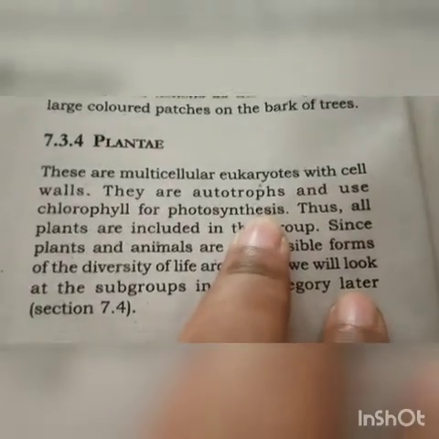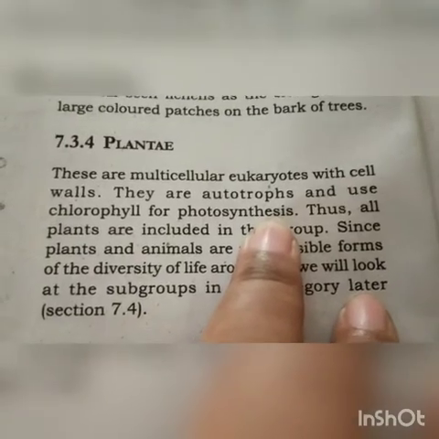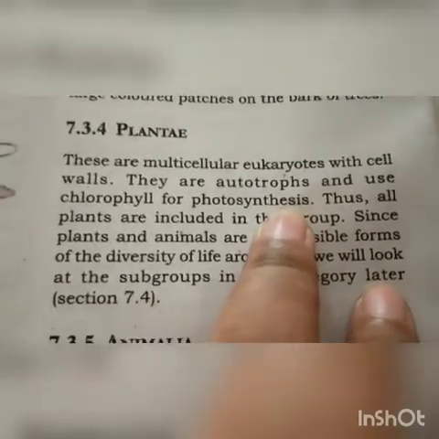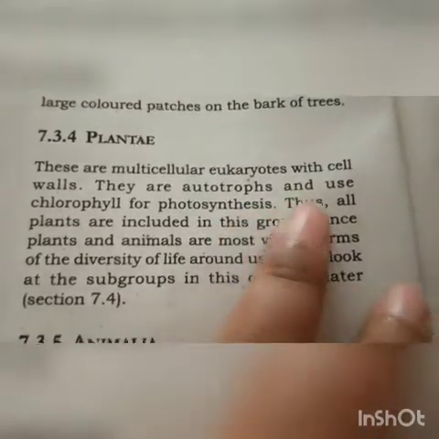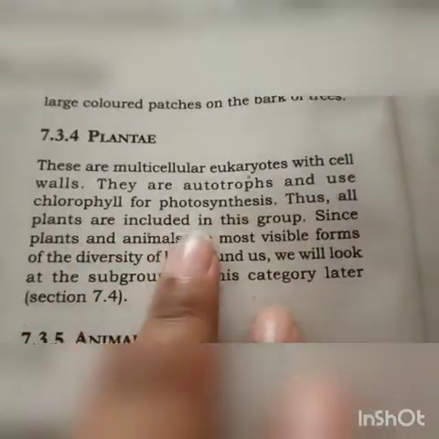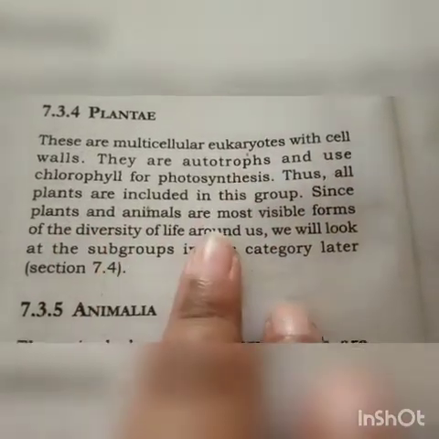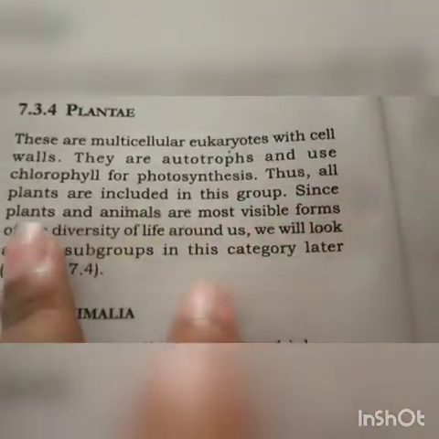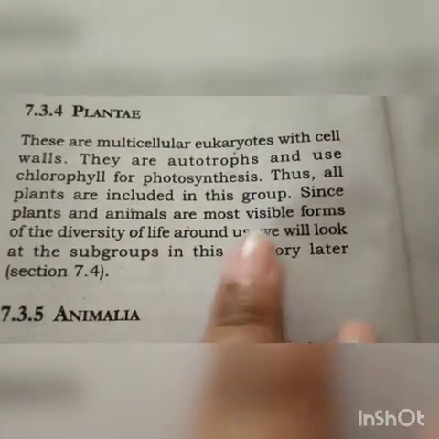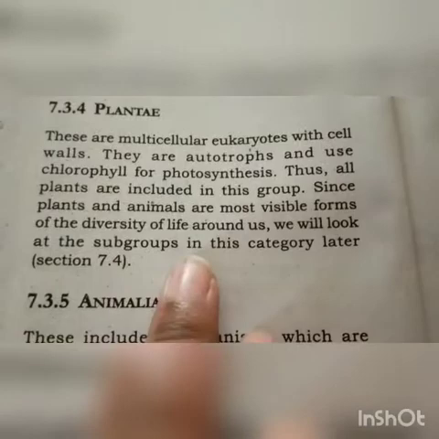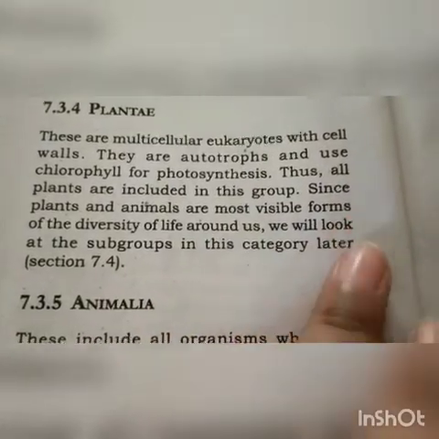They have chlorophyll, and because of that they can prepare their own food by the process of photosynthesis. Thus, all plants are included in this group, since plants and animals are the most visible forms of the diversity of life around us. We will look at the subgroups in these categories later.